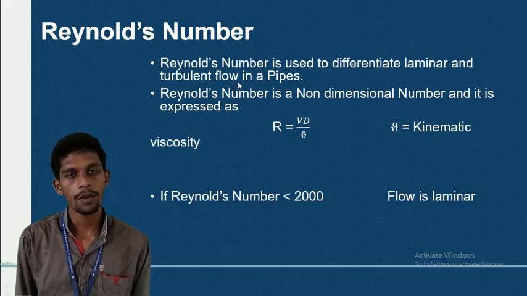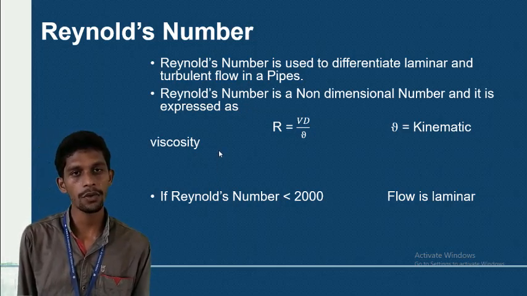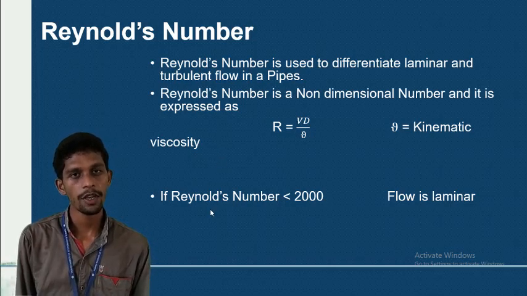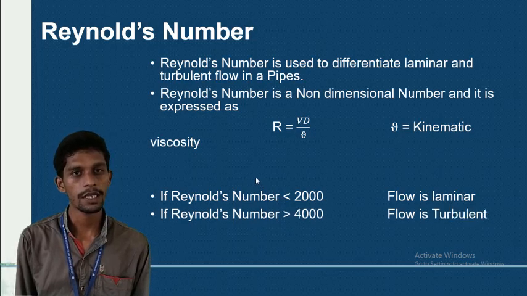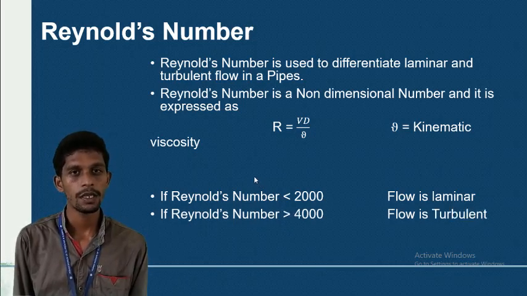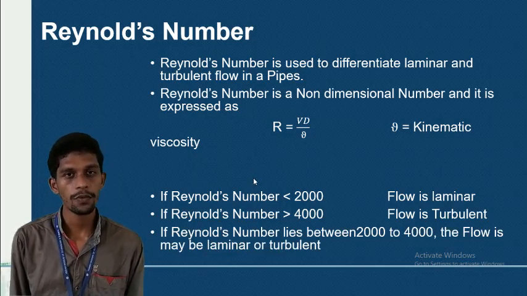Right? So what about the limits? If the Reynolds number is less than 2000, you can say that it is laminar flow. If the Reynolds number is greater than 4000, you can say that it is turbulent flow. Sir, what if it lies between 2000 and 4000?